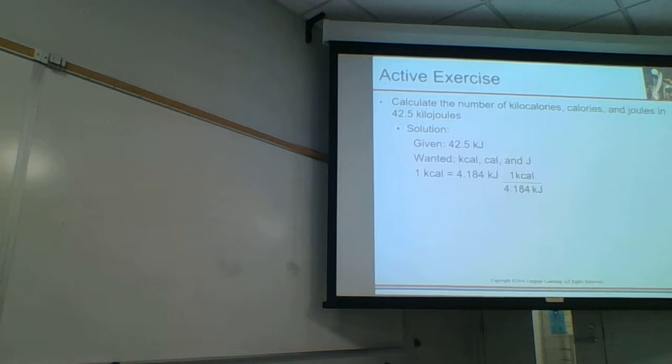We do 42.5 kilojoules, kJ as the abbreviation, and then I convert it to joules. 1,000 joules for every kilojoule. And then I would convert it to calories. One calorie is equivalent to 4.184 joules. Then I would convert it to kilocalories.